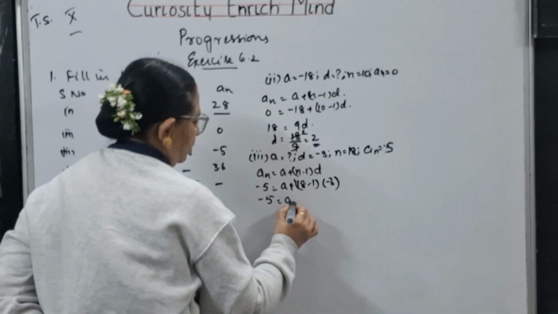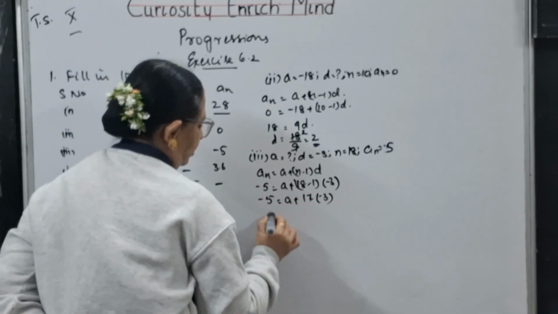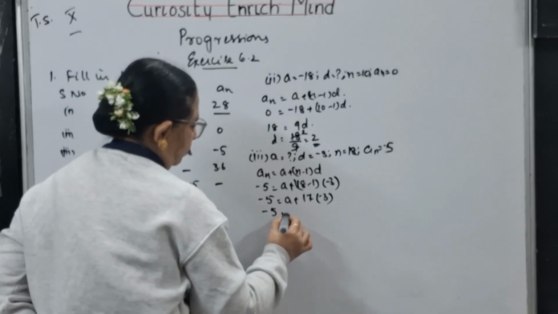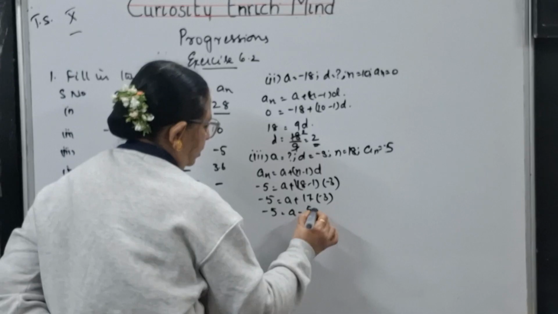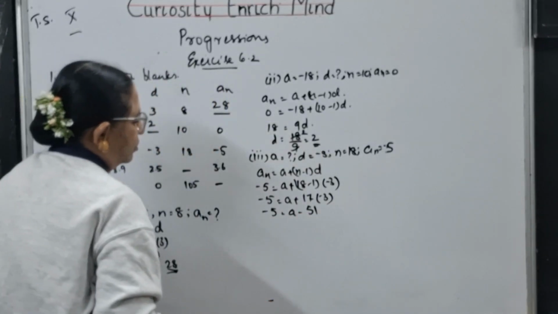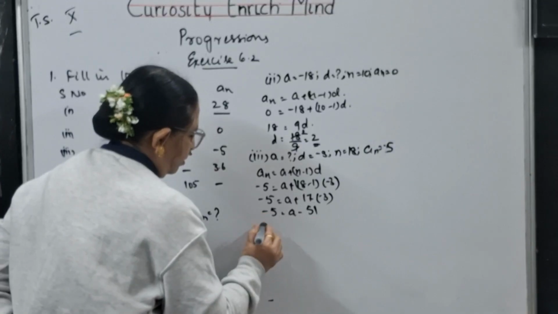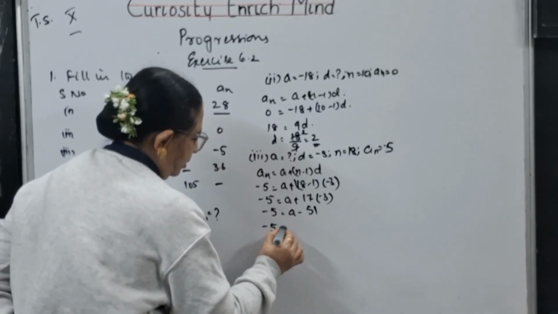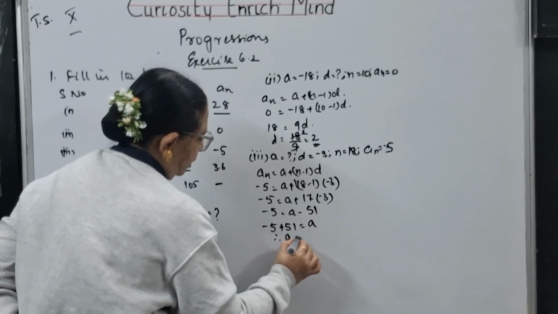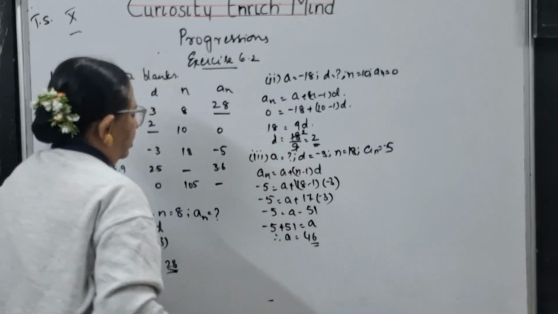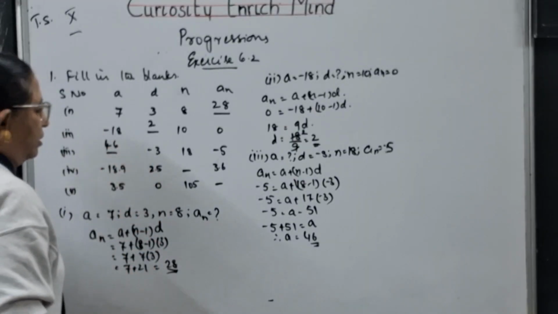Minus 5 is equal to A plus 17 into minus 3. Minus 5 is equal to A minus how much? 51. So, bring this minus 51 here. Plus 51 is equal to A. Therefore, A becomes 46. So, here the value is 46.